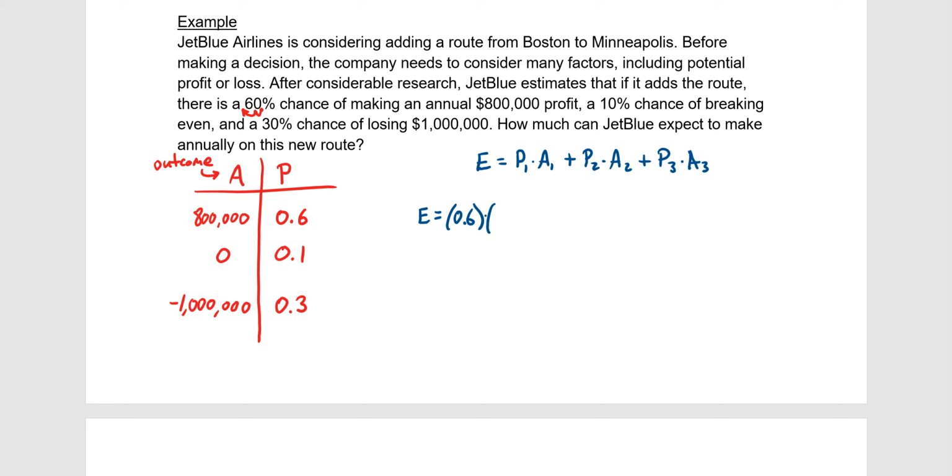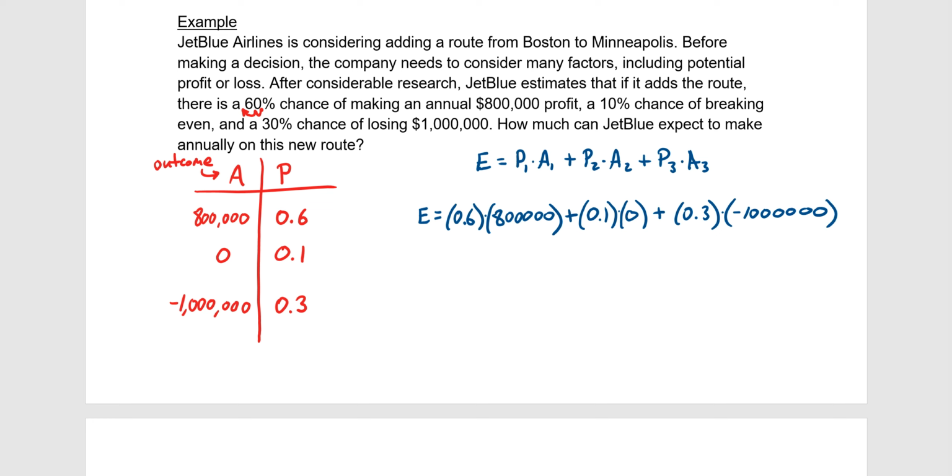So 0.6 times the outcome of making 800,000, plus the probability for event 2, which is 0.1, times the outcome of 0, plus the probability of outcome 3, which is 0.3, times that outcome, which is negative 1 million.